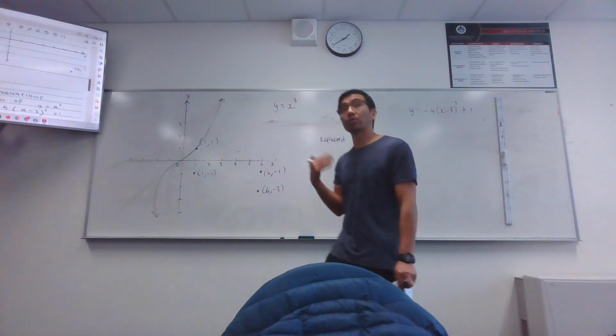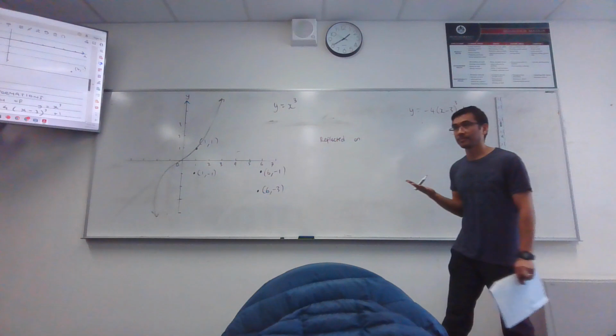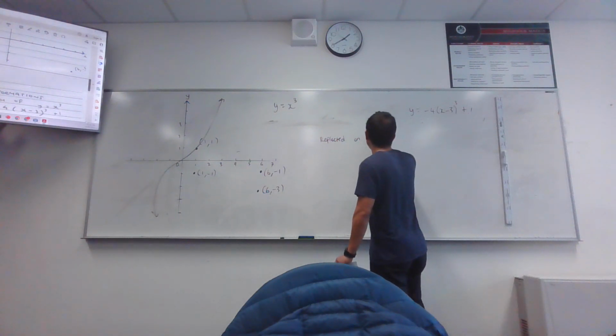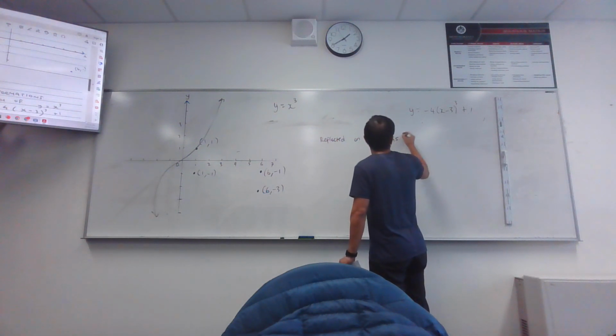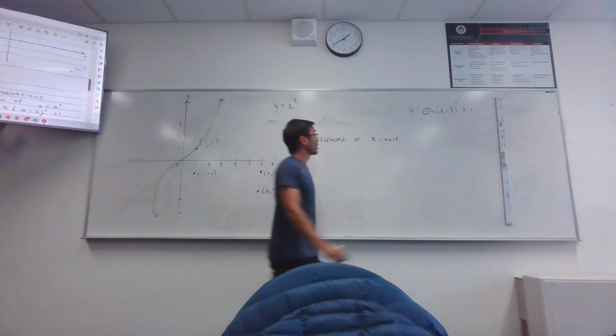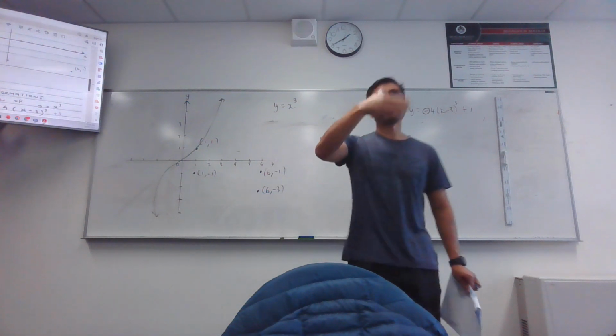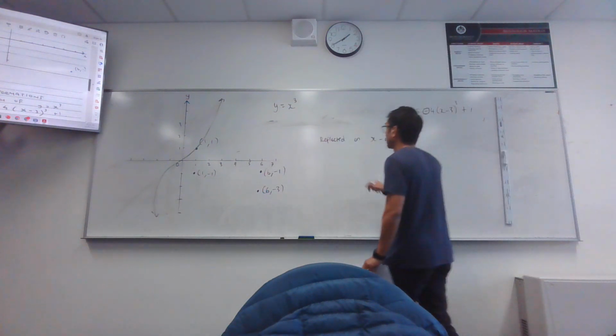Do I say reflected on the y or reflected on the x? Okay. Reflected on the x-axis. Just make note of that position there. If there ends up being a negative in there, then you're reflecting on the y, I think.